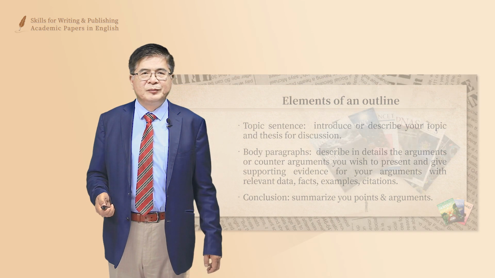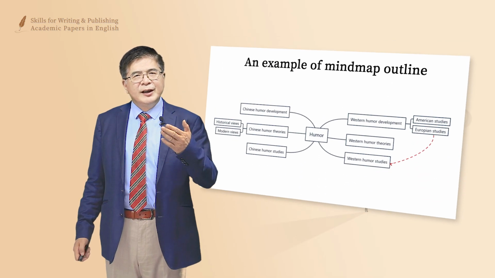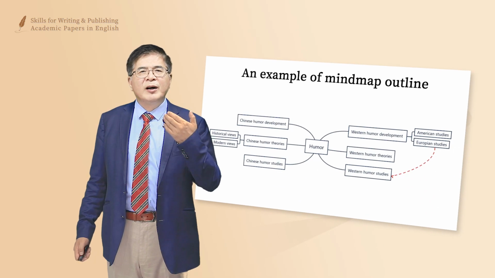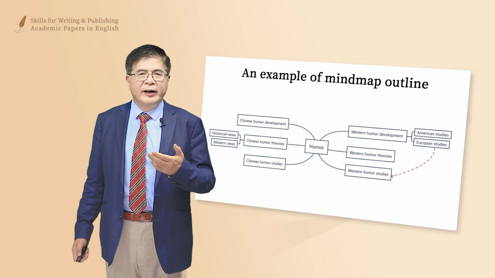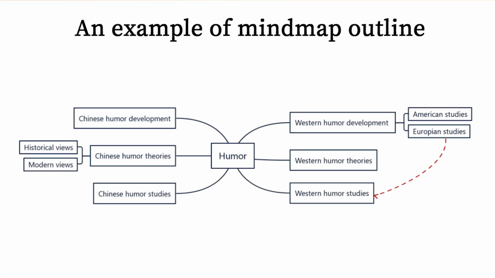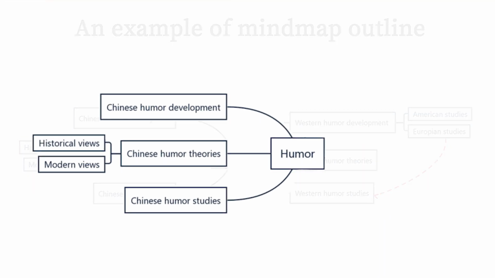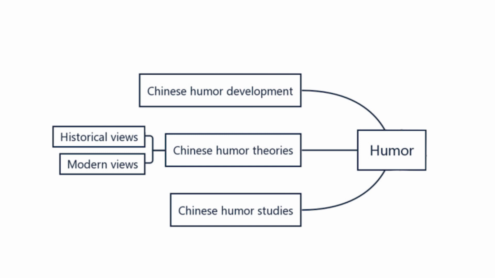section or paragraph. Now, here is an example of a mind map for an outline. As you can see, you have a central concept, or the main concept, which is about humor. And you can look at how it is developed in Chinese society, how it was theorized in Chinese society, and how it was studied in Chinese society, and so on.